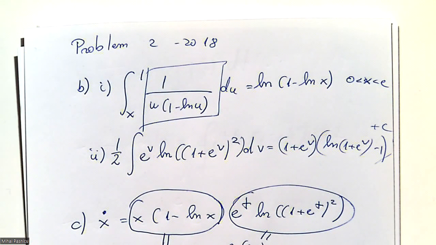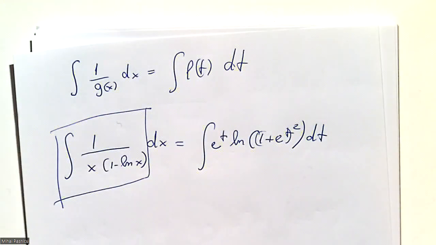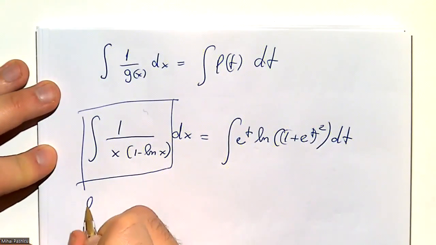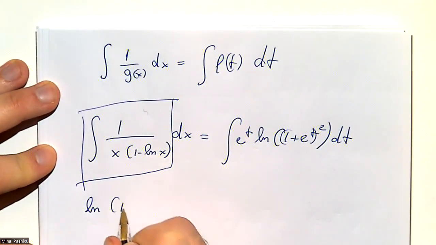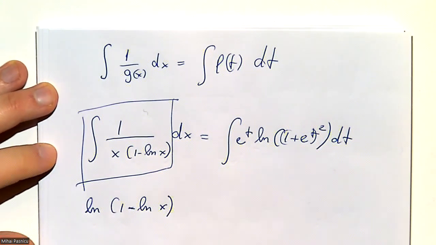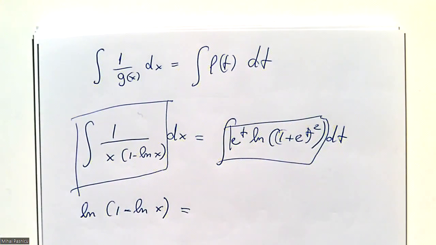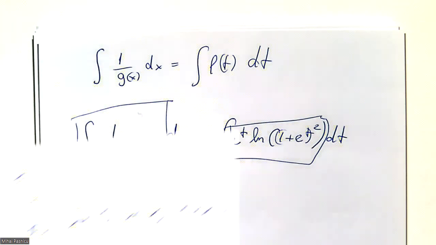We look at part B. So this is just ln of 1 minus ln of x. This thing, what is this integral? That looks even uglier. We check it up.